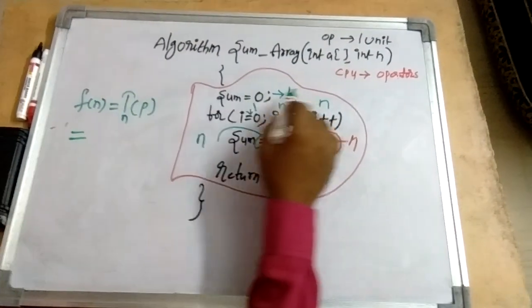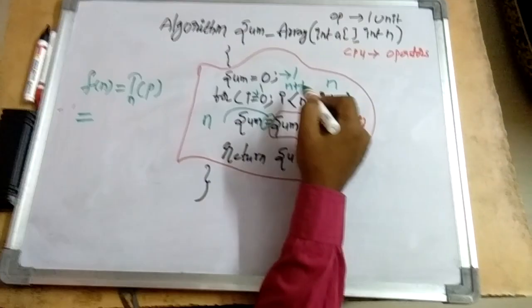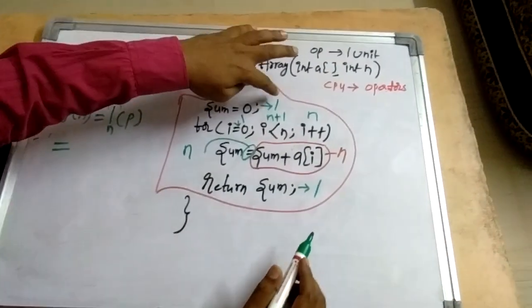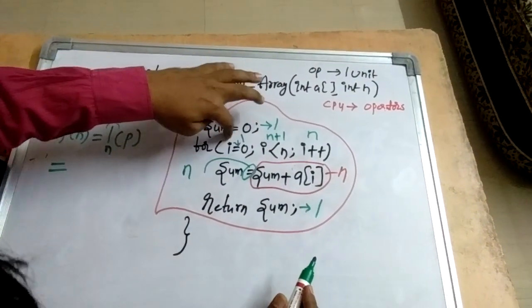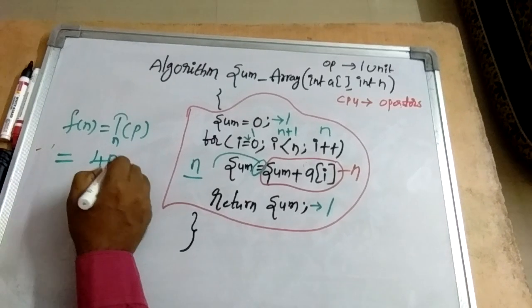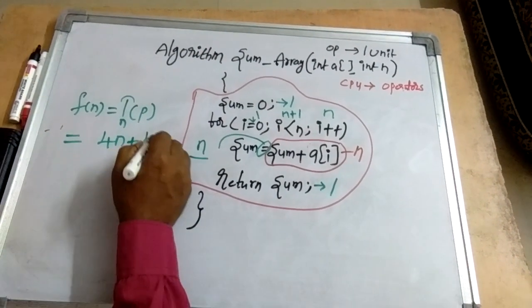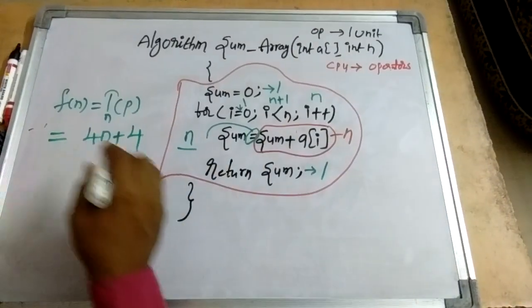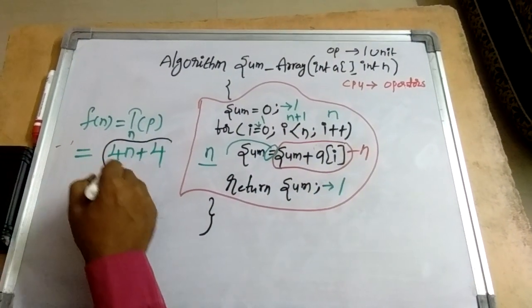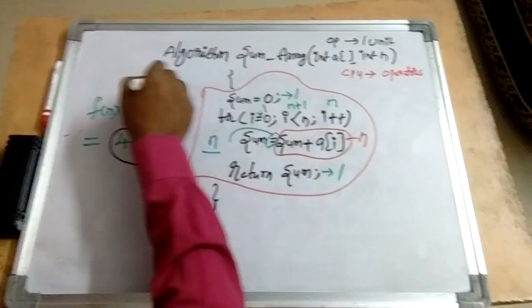So for sum is equal to 0, 1 unit of CPU time, then n plus 1 units of CPU time. So in total, 1, n plus 1, n, 1, n, if you count, this will be 4n plus 4. So the 4n plus 4 is actually the number of units of CPU time needed to complete this program.